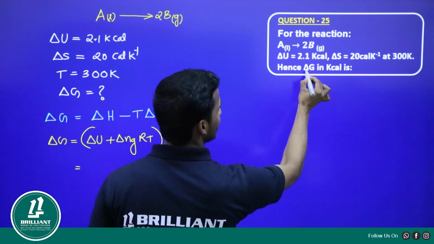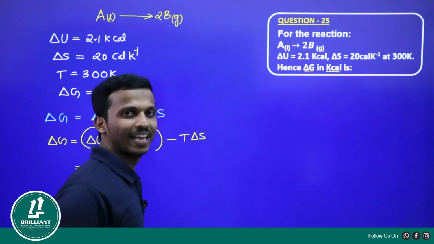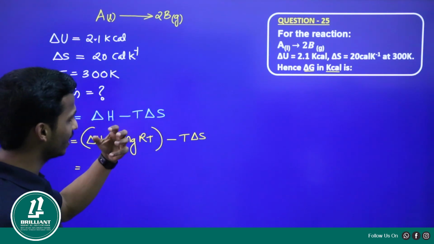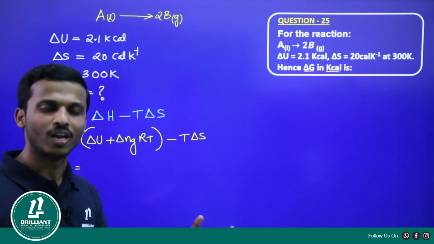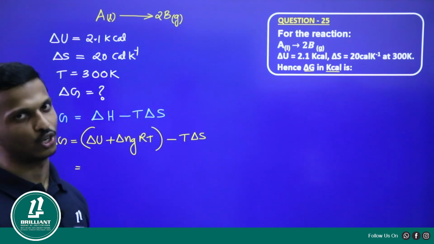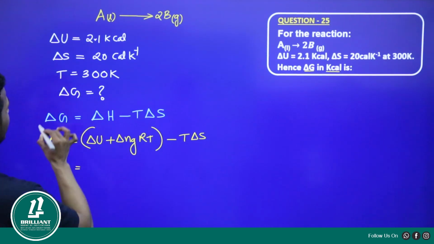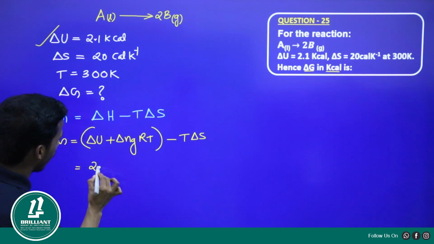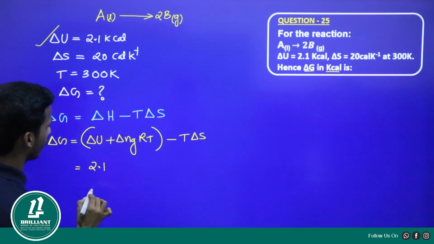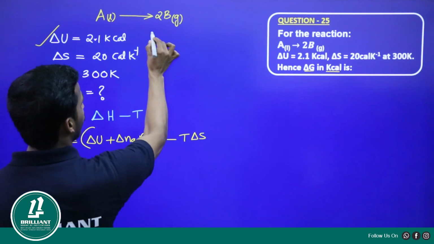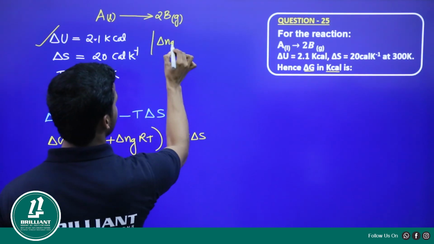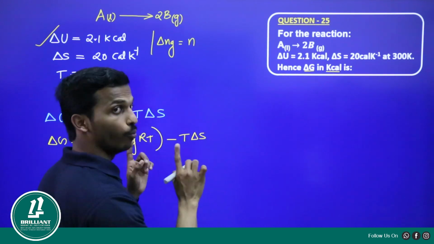Here delta G is given in kilocalories. So in the initial step itself, it is better to convert every value to kilocalories, then you will get the correct final answer. Delta U is already given as 2.1 kilocalories, plus what is delta Ng? Delta Ng is the change in number of moles, right?